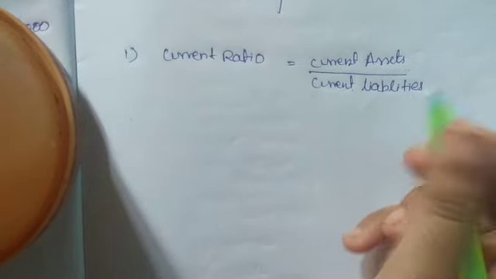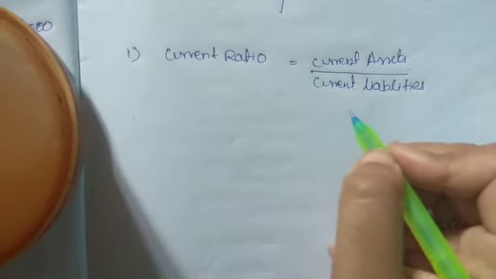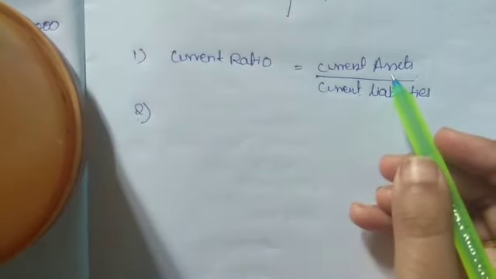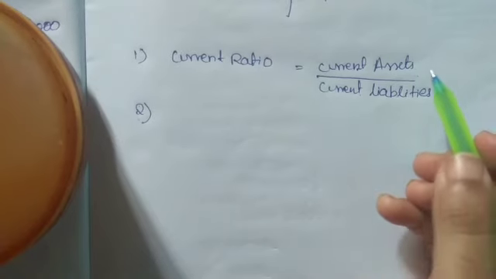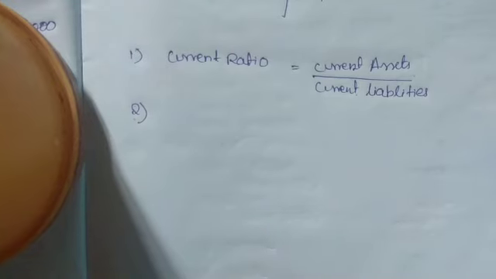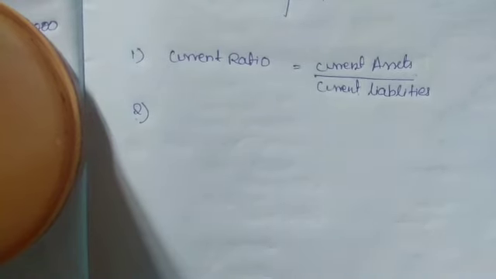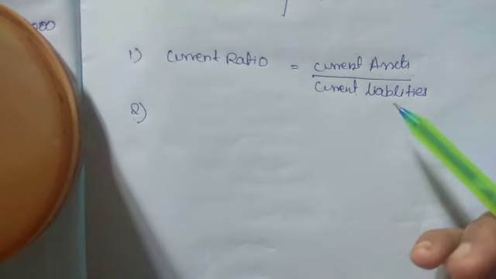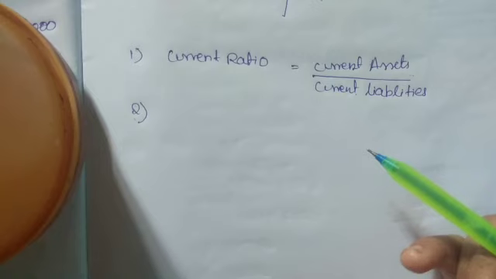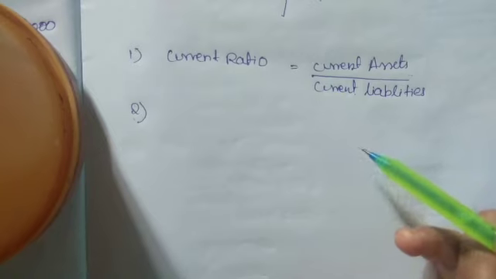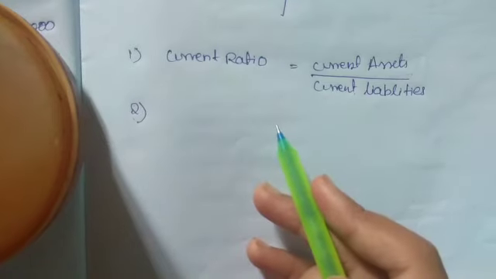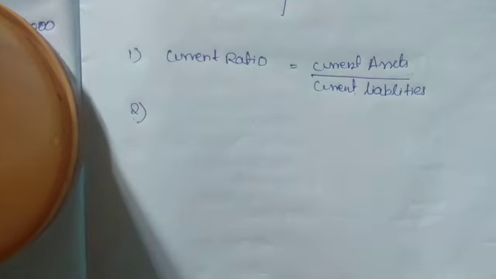Basically, it derives the liquidity ratio of your firm. Here the current assets would be inventories, sundry debtors, cash and bank balances, receivables, loans and advances, disposable investments and other current assets. And the current liabilities include creditors, short-term loans, bank overdraft, cash credit, outstanding expenses, provision for taxation, proposed dividend, unclaimed dividend or other current liabilities.